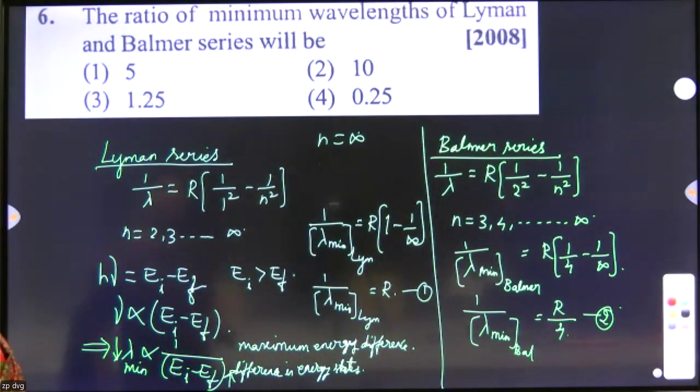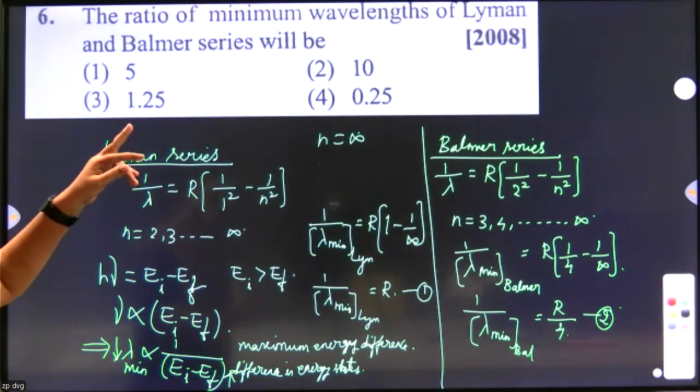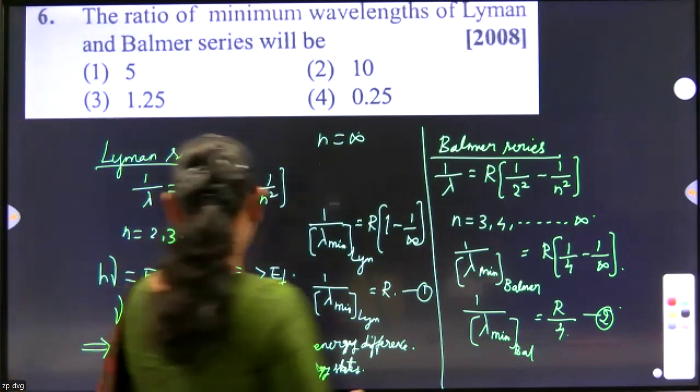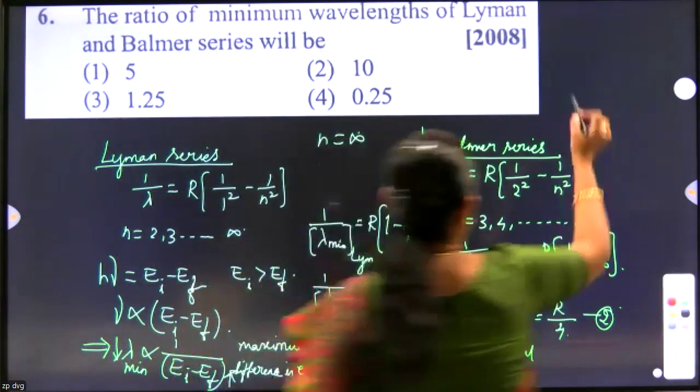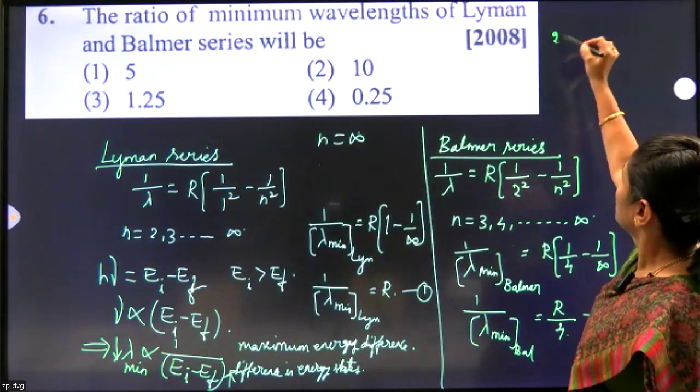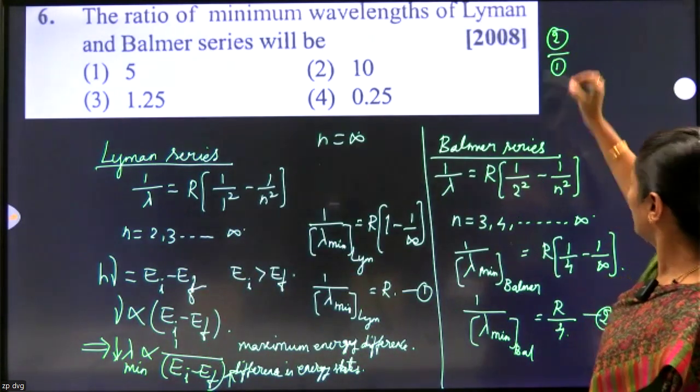We have to calculate the ratio of minimum wavelengths of Lyman and Balmer. Therefore, we consider equation 2 divided by 1.